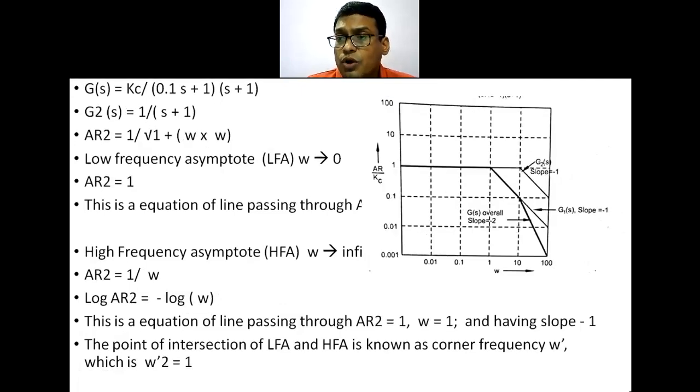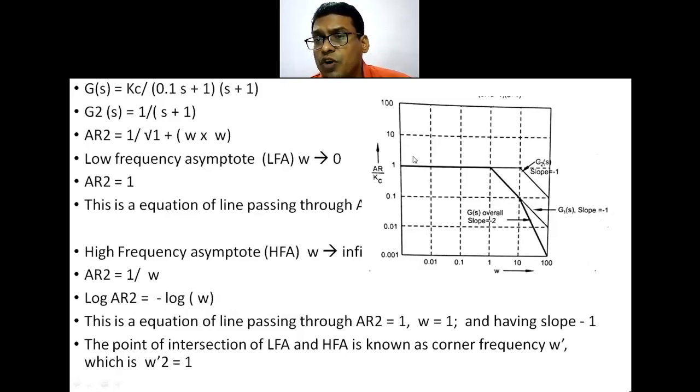So now combining both of these two, the transfer function with a slope of minus 1 and the transfer function with a slope of minus 1, you will get the slope of minus 2. Slope of minus 1 plus slope of minus 1 becomes equal to the slope of minus 2.